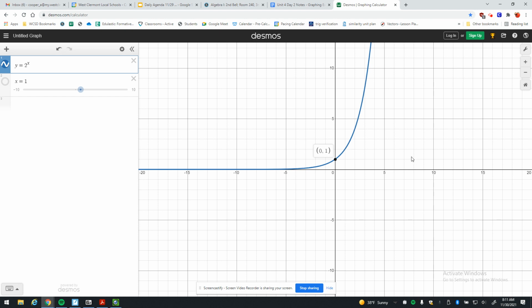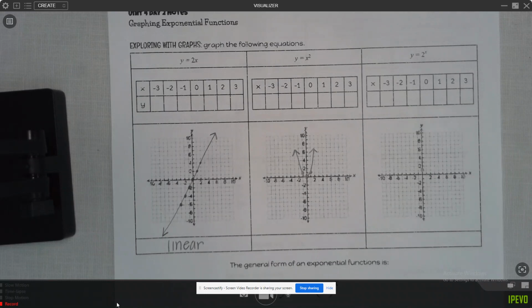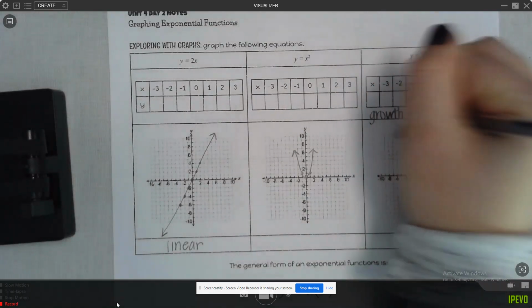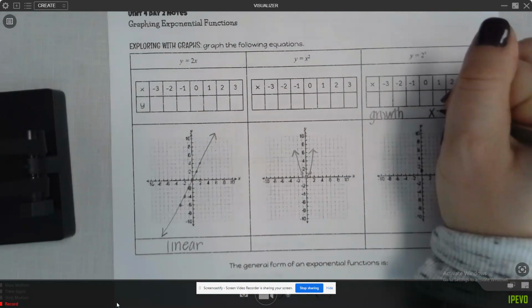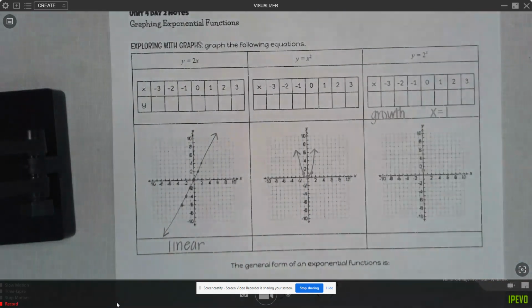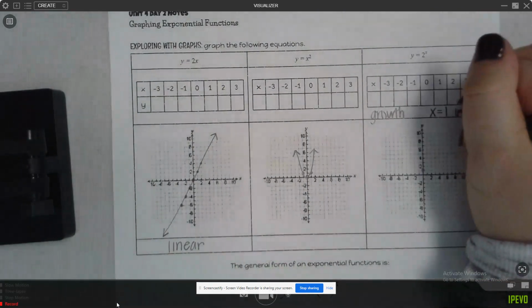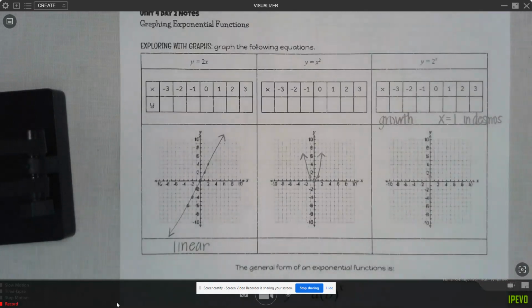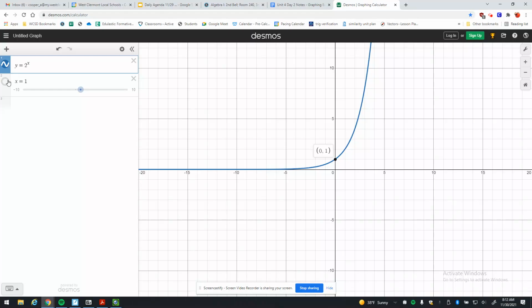So we said this was growth, right? Yes, no, maybe. This is growth. So if this is growth, we're going to do x equals 1 in Desmos. When you do x equals 1 in Desmos, do they intersect?